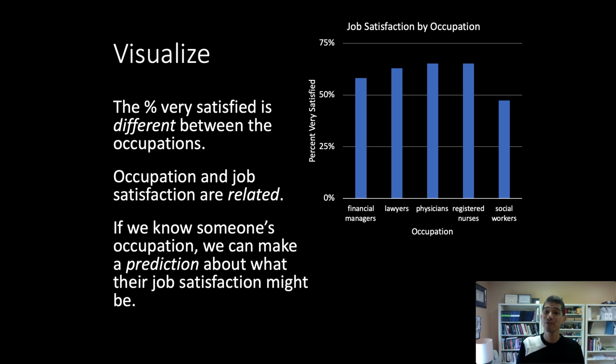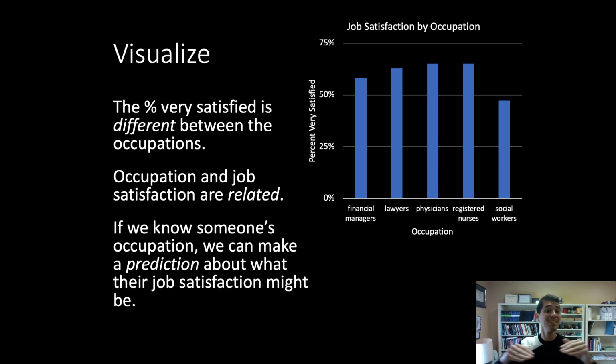We see a different pattern of the outcome across the levels of the predictor. If all of these columns were the exact same height, that would tell us that there's not a relationship. So if we knew somebody's occupation, we couldn't predict whether their job satisfaction would be higher or lower for social workers relative to physicians, because the heights of those columns would all be the same.